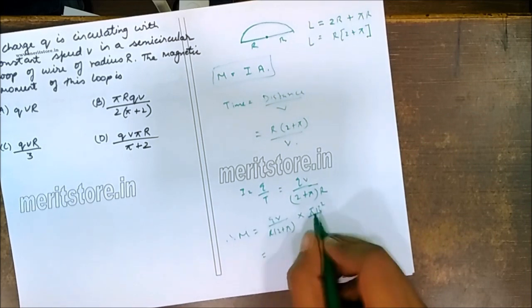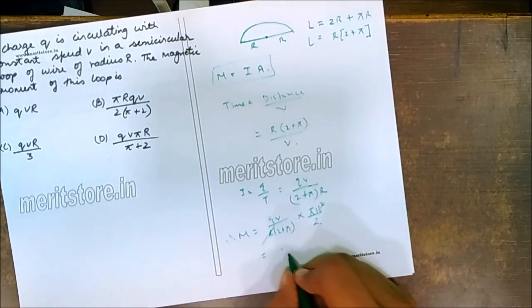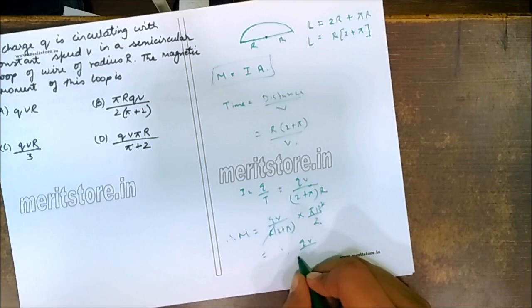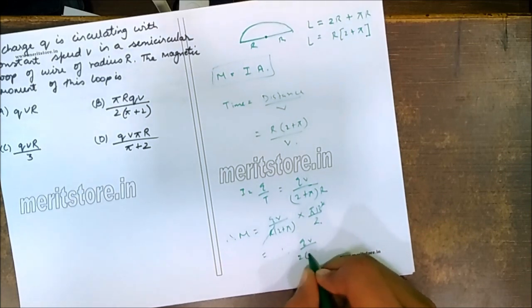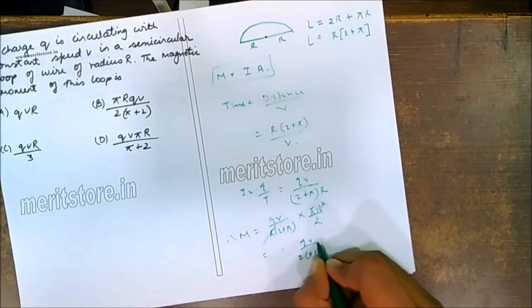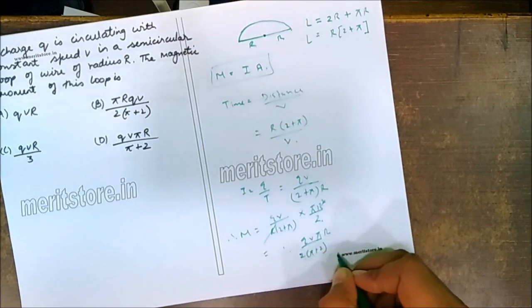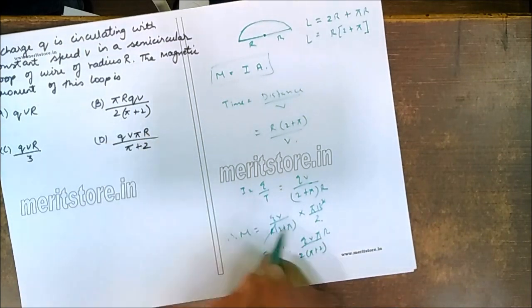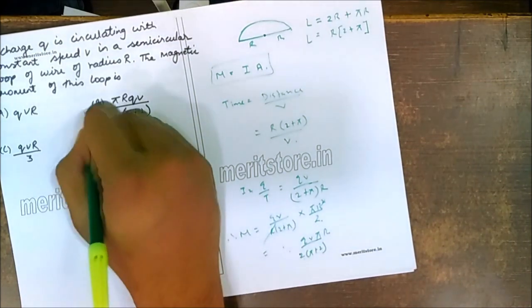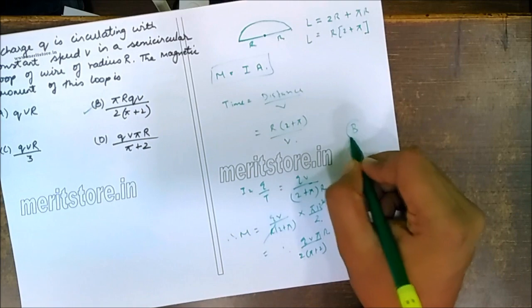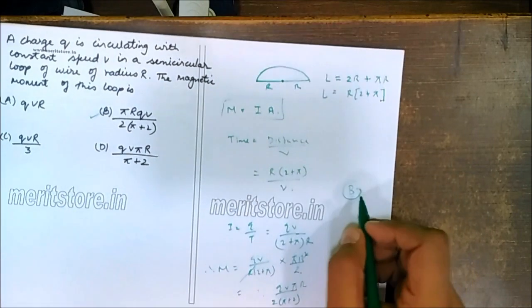So R and the square will get cancelled, q v upon 2 into pi plus 2, into pi R. So pi R q v upon 2 into pi plus 2. Option B.